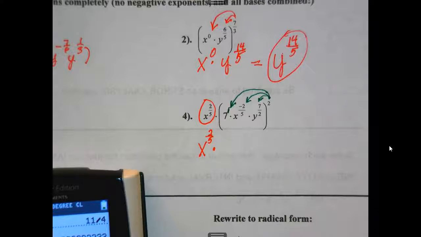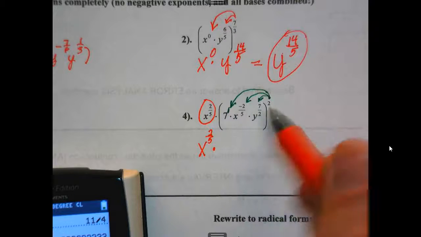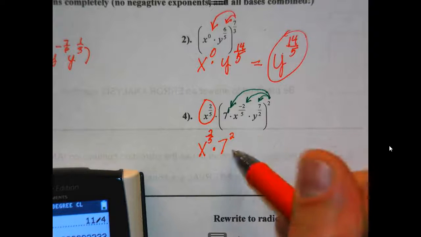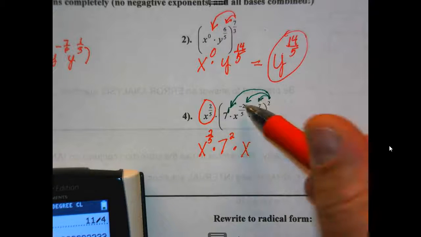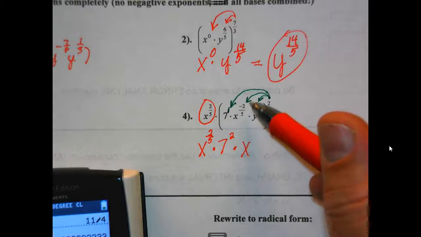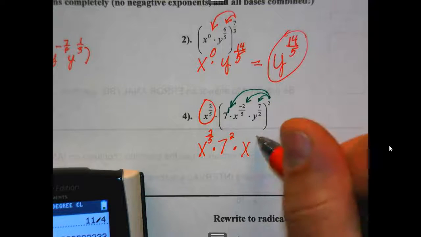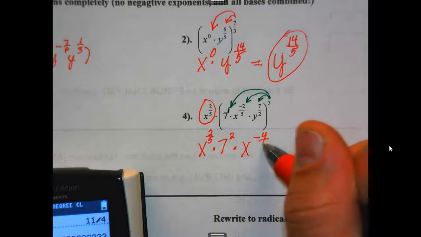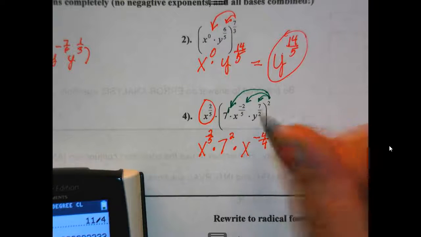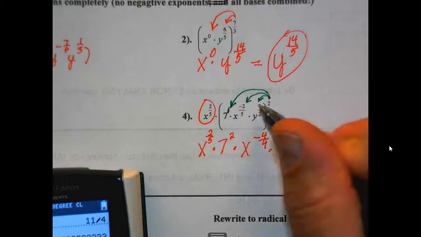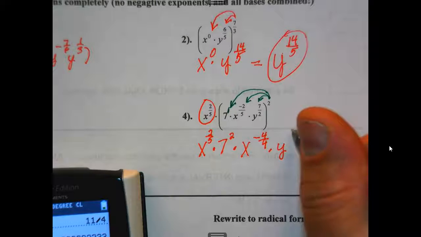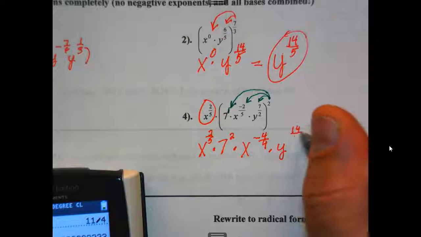Okay, 7 to the 1 times 2, 7 squared. x to the negative 2/5 times 2 is x to the negative 4/5. And y to the 7/2 times 2 is 14/2.